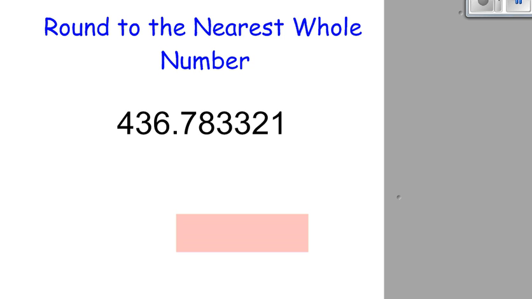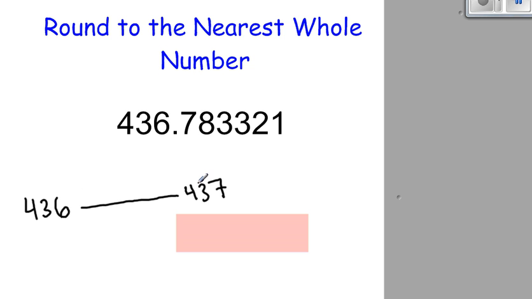So here's the idea behind rounding. We know that this number is at least 436. In other words, it got that far. It got to 436. The question is, did it get far enough past it that we should really consider it to be 437? So both of these are whole numbers.